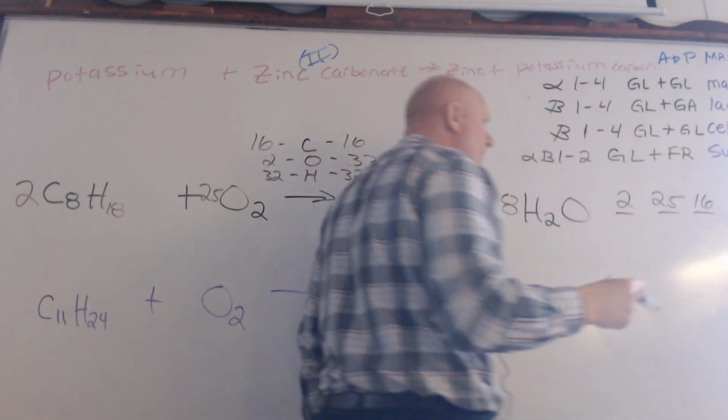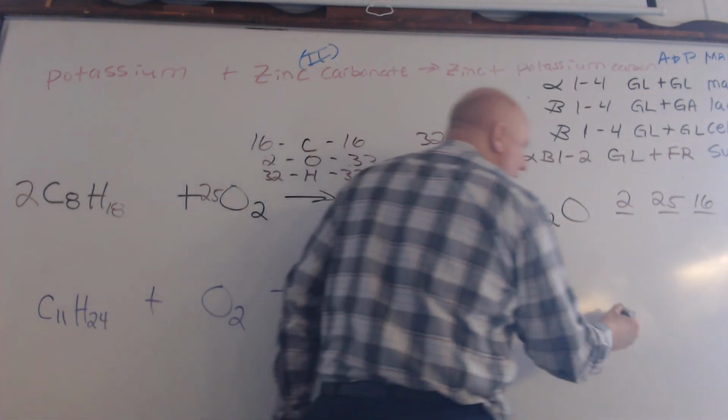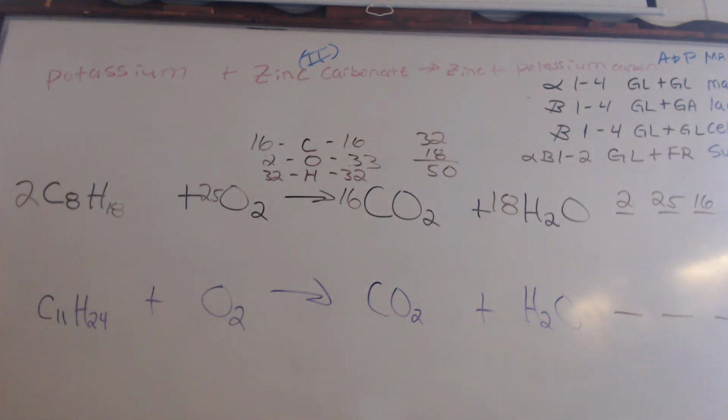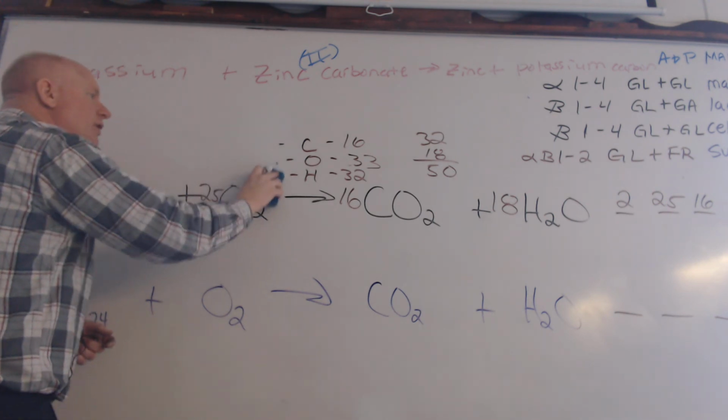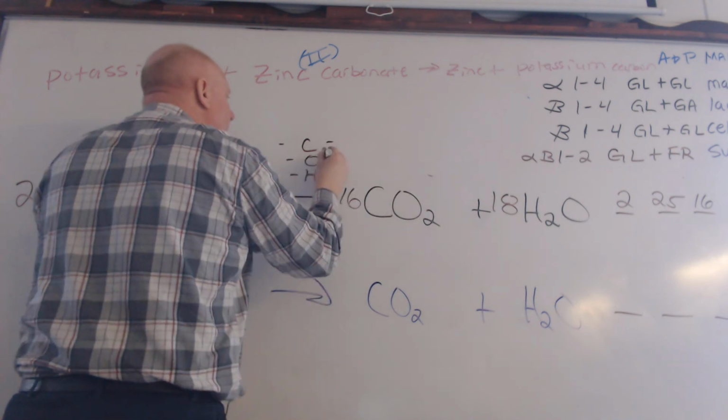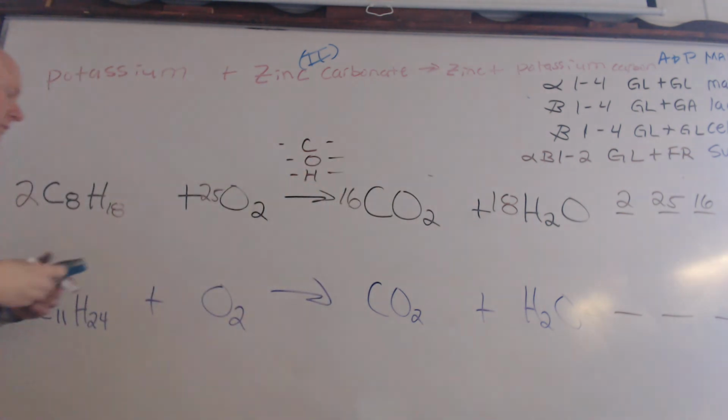Now, if we were to do this for this reaction, since this is an odd number, I'm just going to use these same numbers. So, if you have 11 carbons over here, how do you get 11 over there?